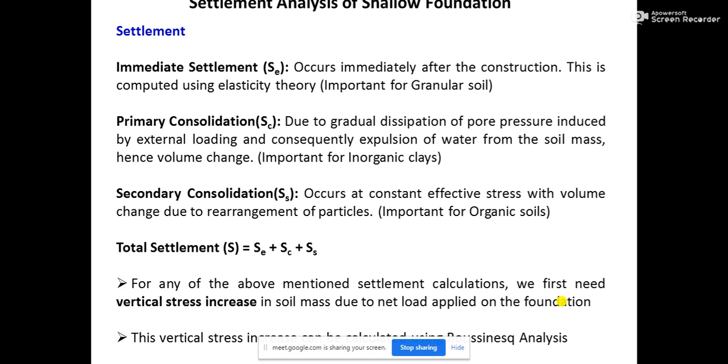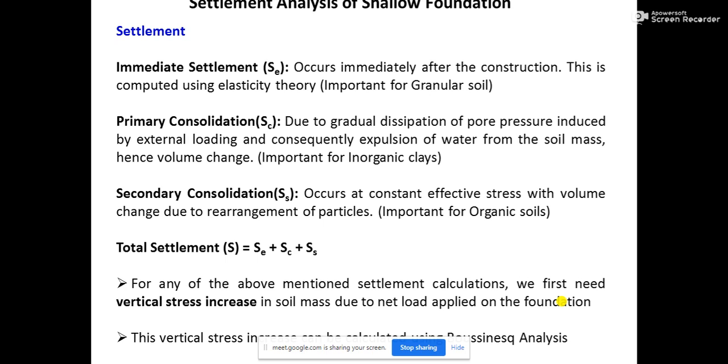Mostly it will occur in case of non-cohesive soil. However, if you think that it occurs only in non-cohesive soil, it's not true. It may also occur in cohesive soil, and if it occurs, then you need to know how to calculate the value of the immediate settlement for cohesive soil.